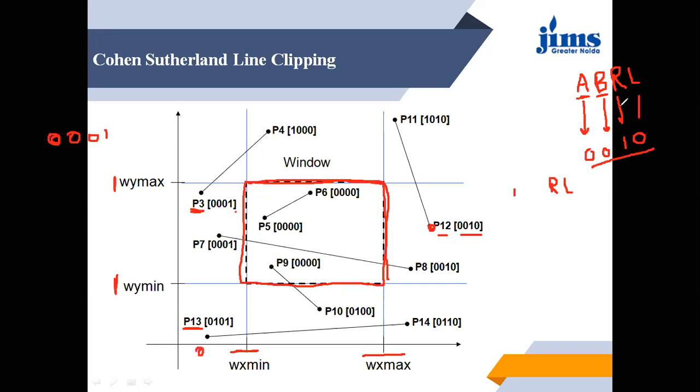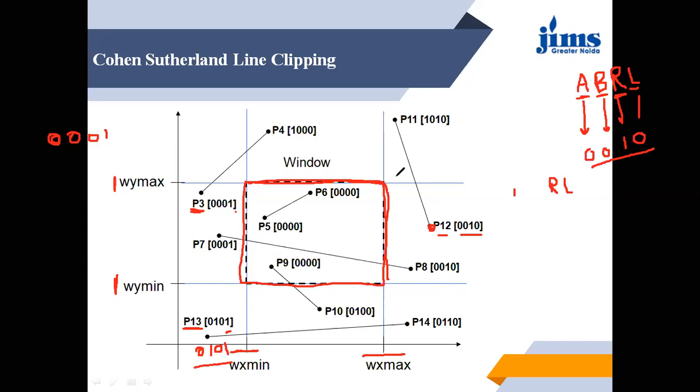Is it below? Yes, it is below the window. So this will be 1. So now we have to check for the right coordinate or the right position. Then P13 is also not in the right, so it will also be 0. And when we check it for the left, then it is in the left, so it will be 1. So by using these comparisons with the window, we can find out the region code of different endpoints of the line.